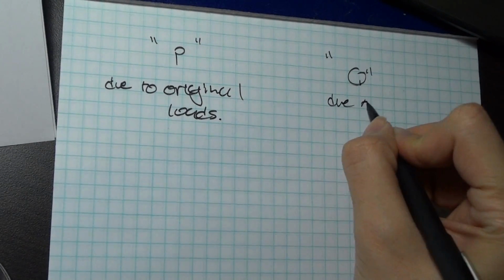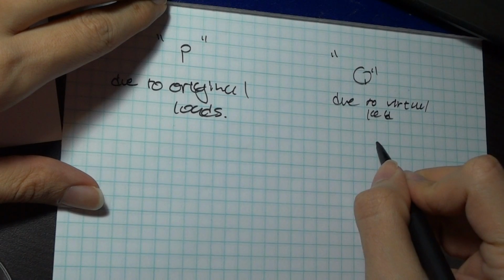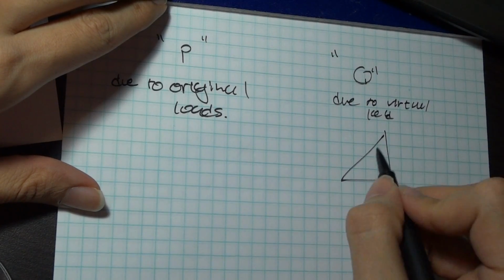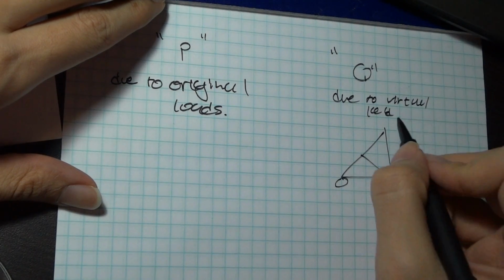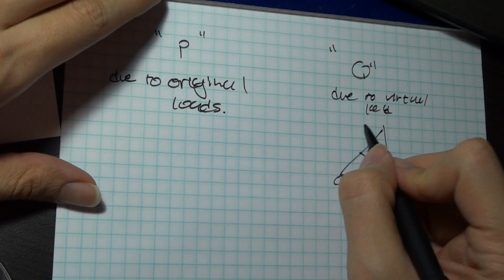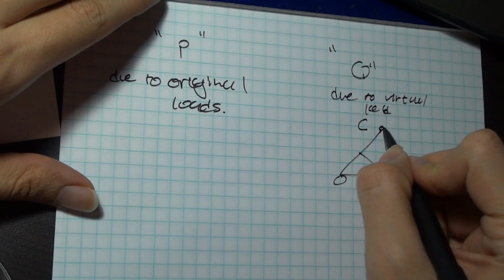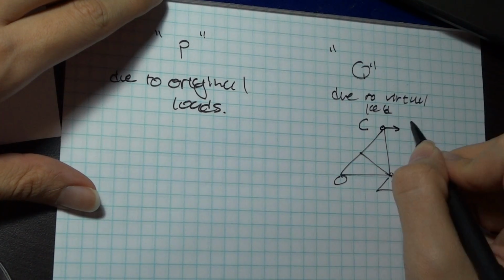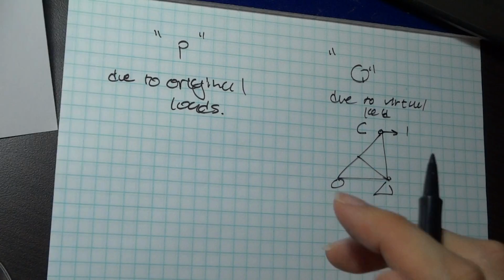If I draw my diagram out here, for example, and I have something that looks like this, and I'm interested in the horizontal displacement at point C, I put a point load at C in the horizontal direction. That is my virtual load. So I have my internal forces now.